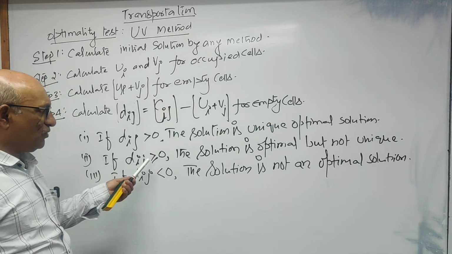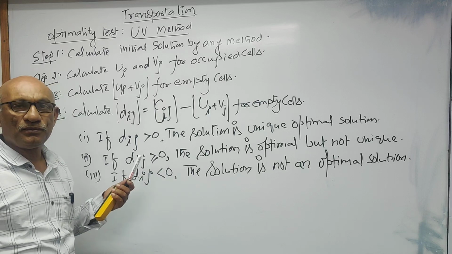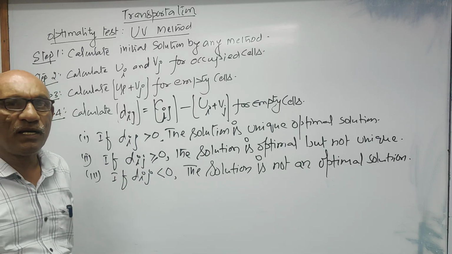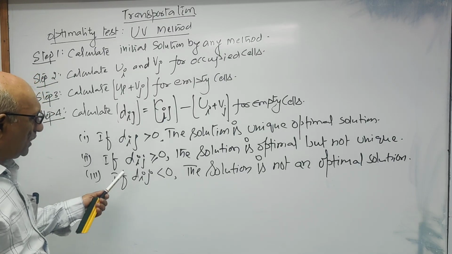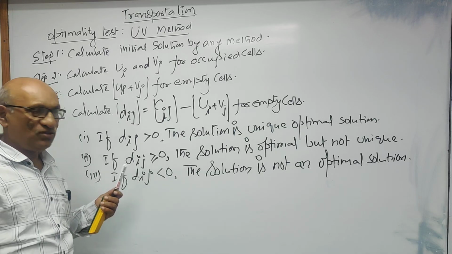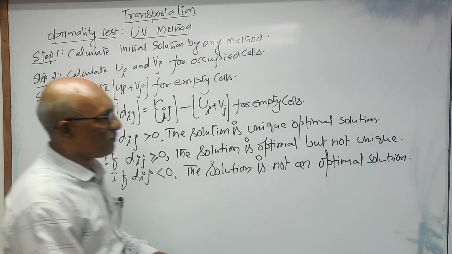If Dij values are positive, but some of them are 0, then the solution is optimal but not unique solution. Third point is, if Dij values are less than 0, the solution is not an optimal solution.